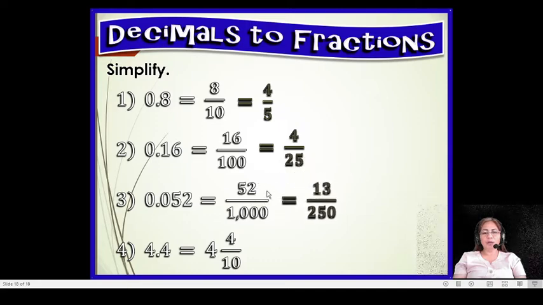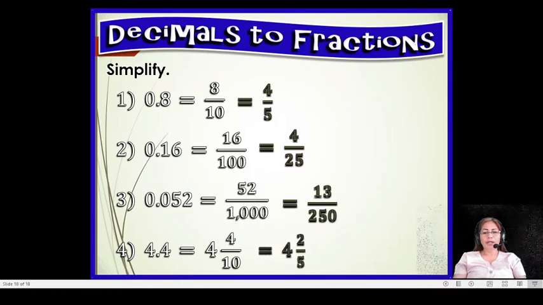52 over 1,000 is not in its lowest term. The GCF of 52 and 1,000 is 4. So 52 divided by 4 equals 13. 1,000 divided by 4 equals 250.